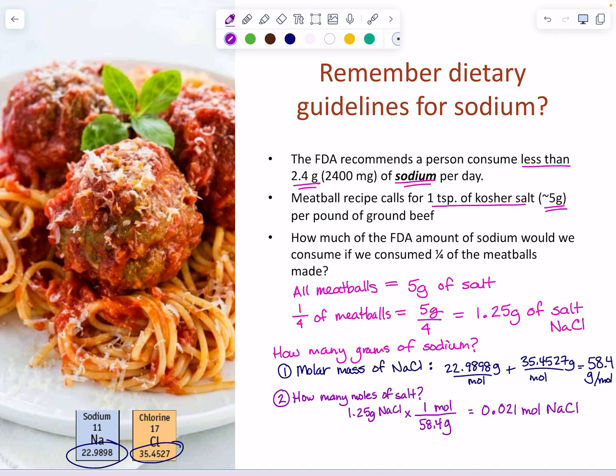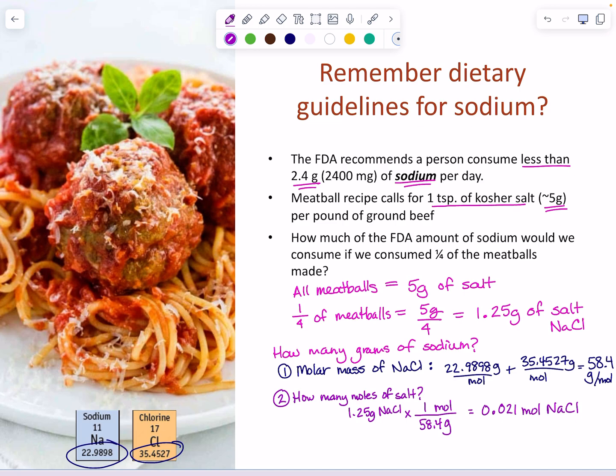Okay. Now, why did I convert to moles? Because I want to be able to separate the mass from the sodium from the mass from the chloride. Okay, and so I'm starting with mass.